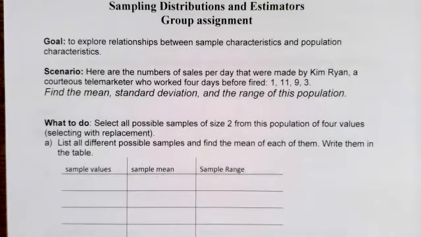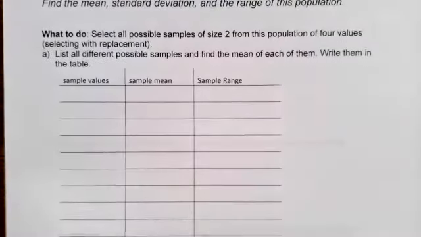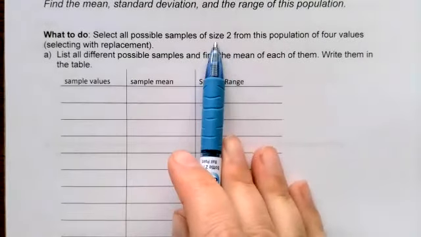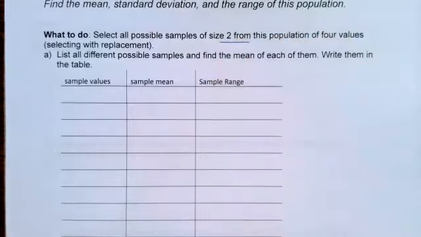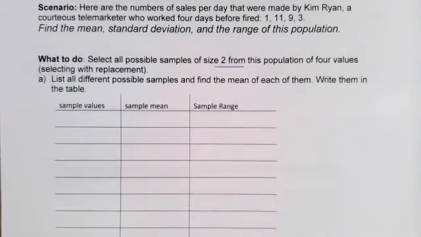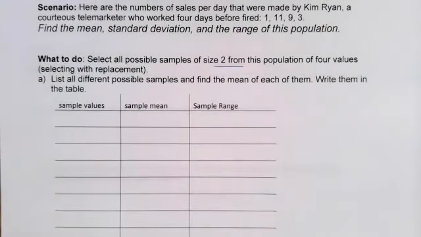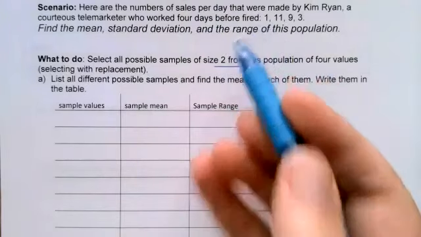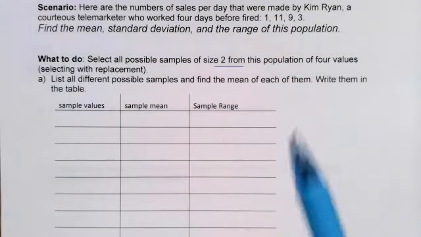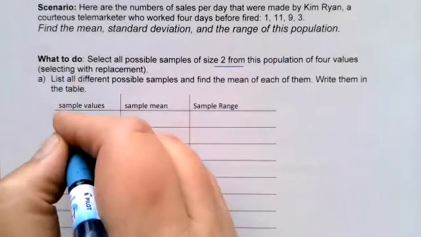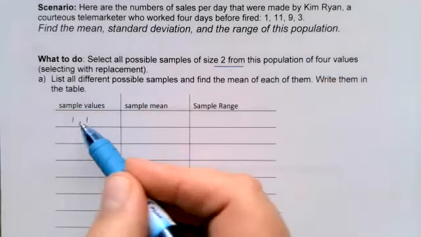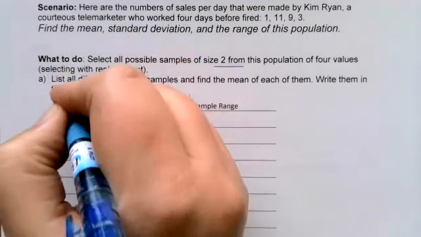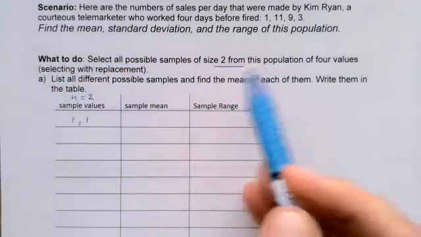Okay, after that, we're going to take samples from the population of size 2. And I want you to list all possible samples, drawing with replacement. So for example, the first sample would be 1 and 1, size 2, right? N equals 2.